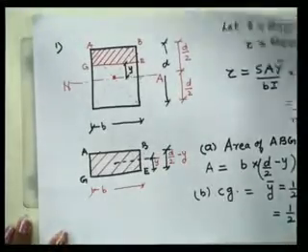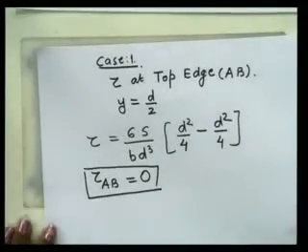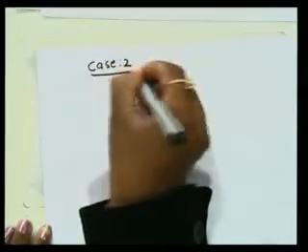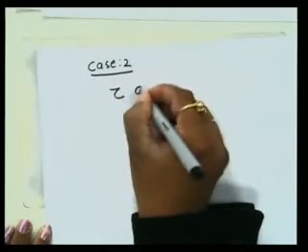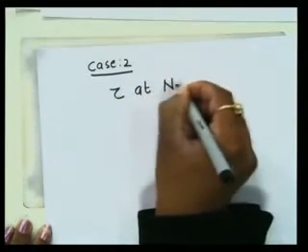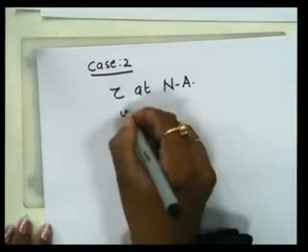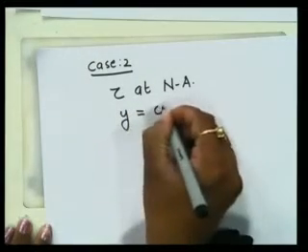So now case 2: tau at neutral axis, where y value is equal to 0.